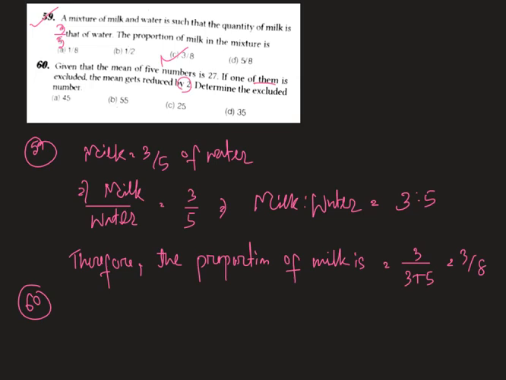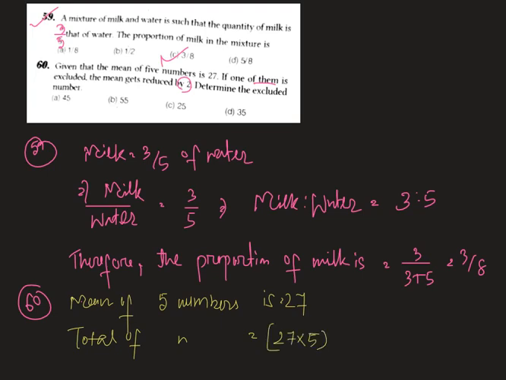So given by the question, the mean of 5 numbers is 27. Then the total of 5 numbers is 27 into 5.